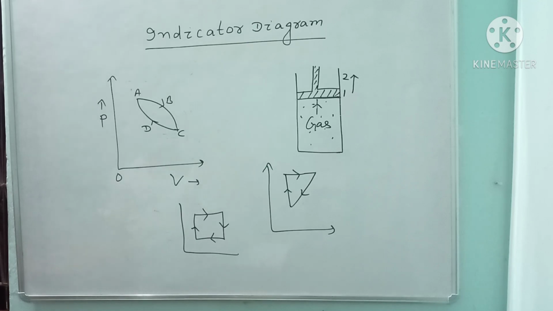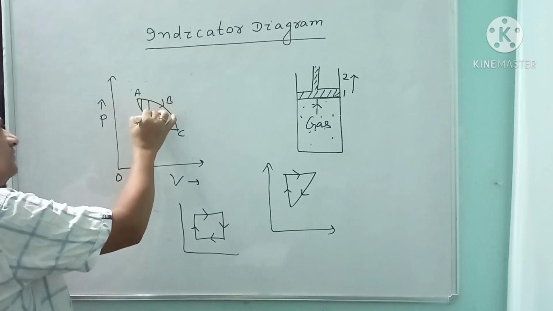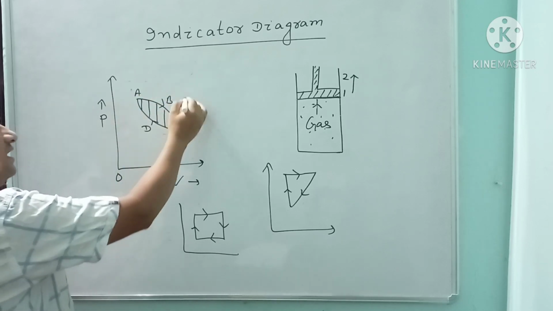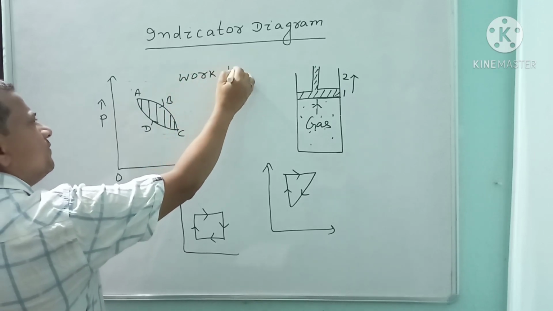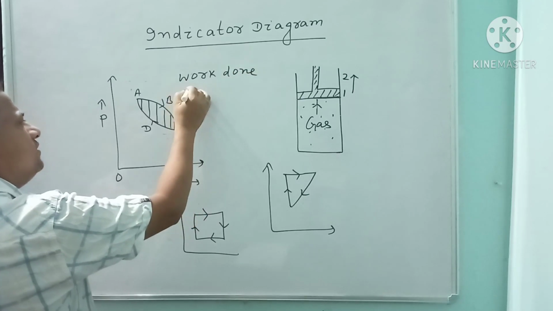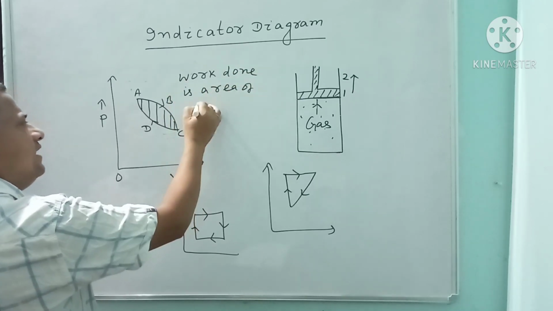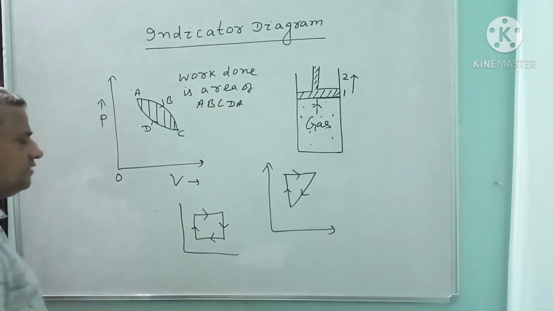You have to remember, if you take the area of this one, this gives the work done. I mean work done is the area of A, B, C, D, A.